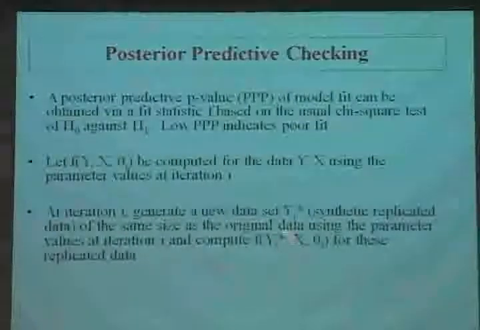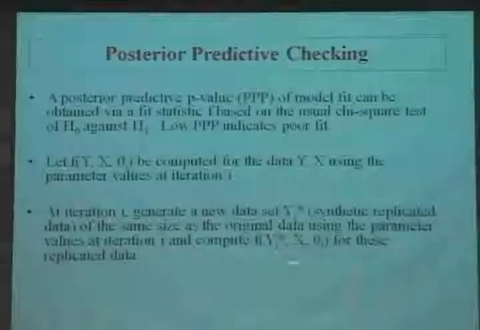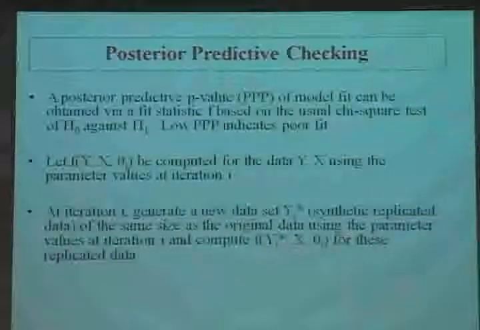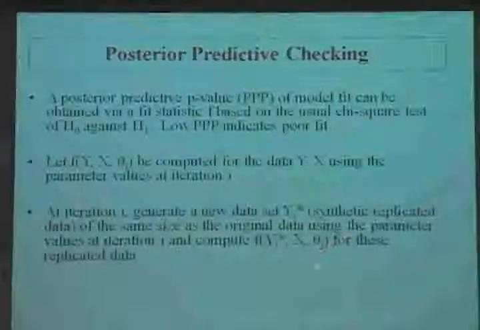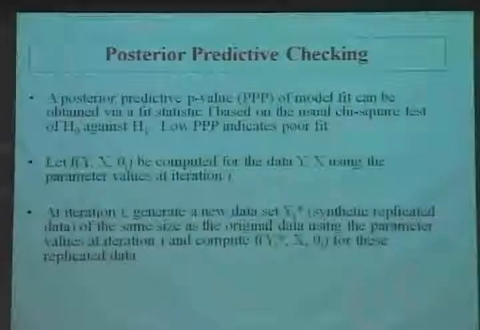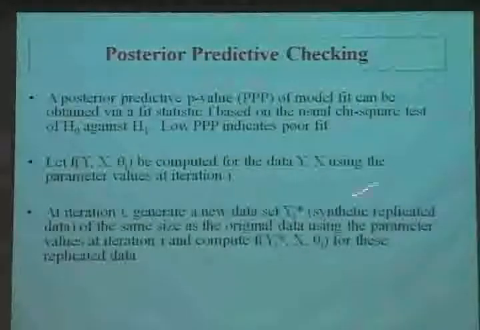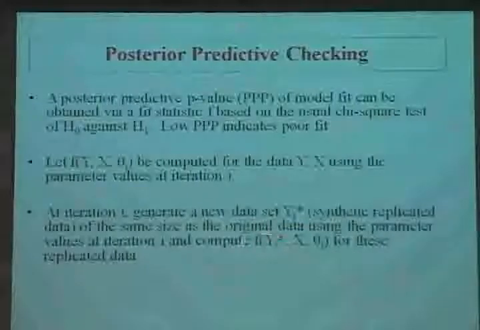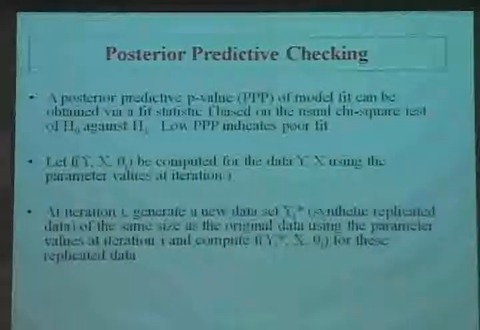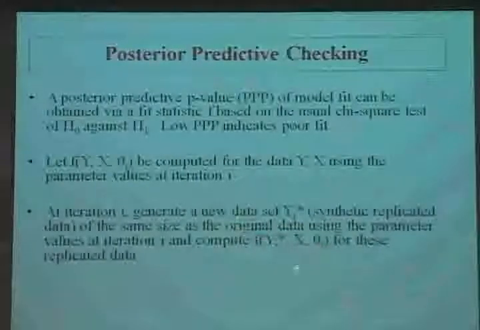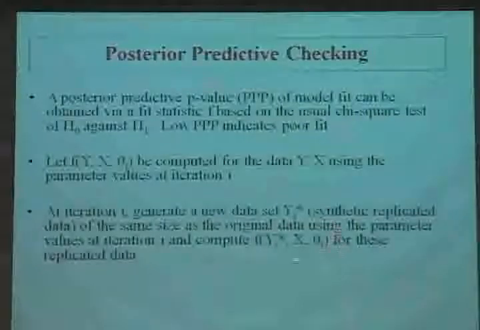So you generate new yi stars, which are basically the dependent variables. The x's, which are the covariates, stay the same. We use the parameter values at a particular time in the MCMC sequence and the covariates, we generate new y's, and we compute this discrepancy function for the generated values. And we compare that against the discrepancy function for the observed values.